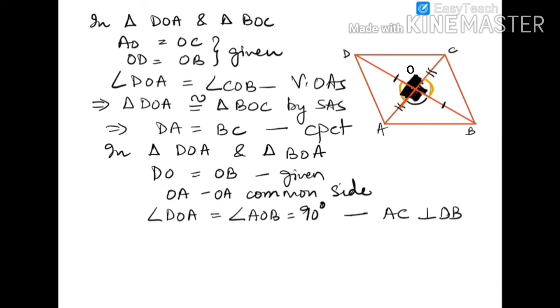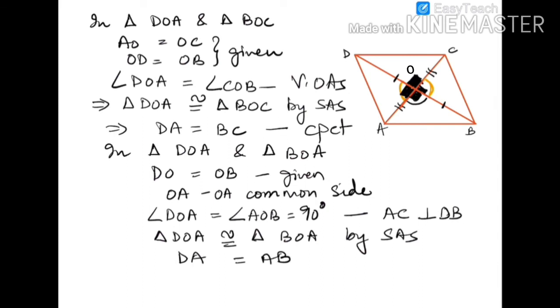So now we have two sides and an included angle in this triangle equal to the corresponding two sides and an included angle in this triangle. So triangle DOA is congruent to triangle BOA by SAS, and hence we can say DA is equal to AB.